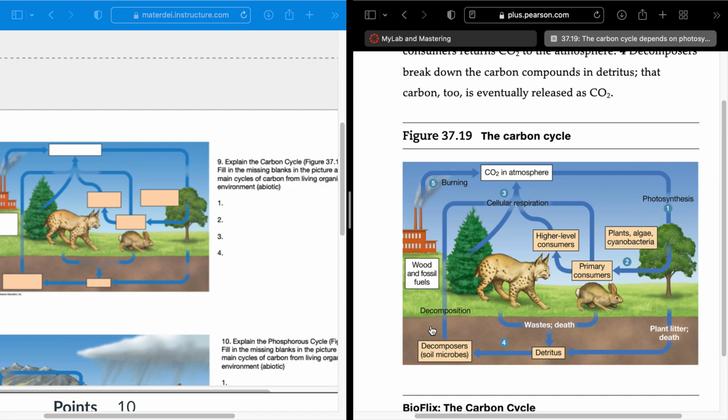It's dead and decaying matter. So number 4 was dead and decaying matter and waste are going to get decomposed by the soil microbes. That's bacteria and fungus. And when they decompose it, it goes back into the atmosphere. And that's the carbon cycle.